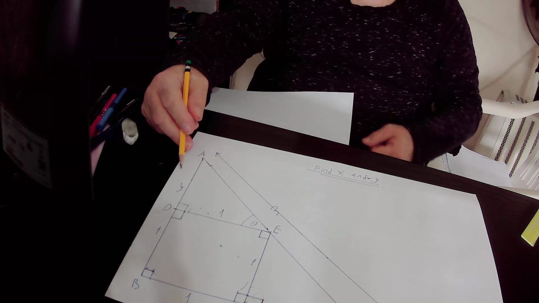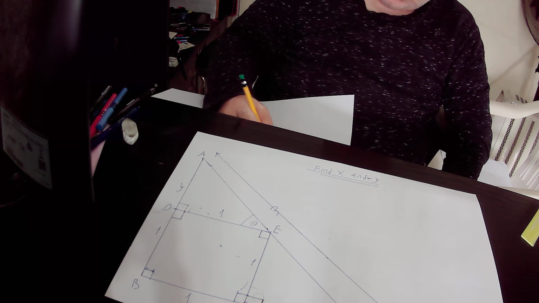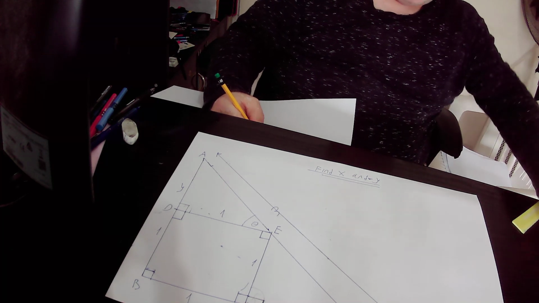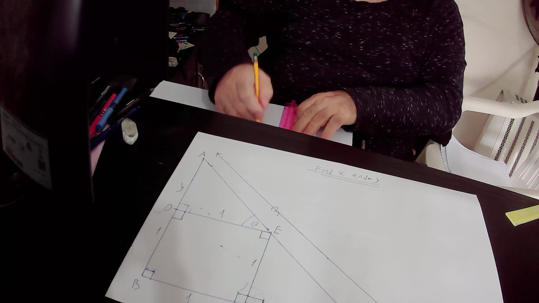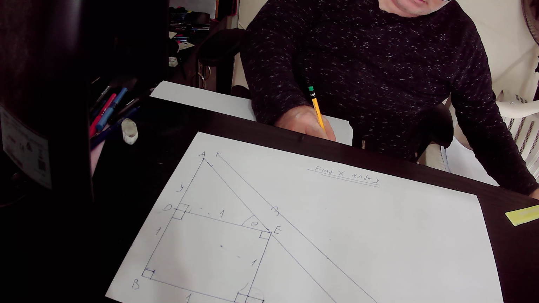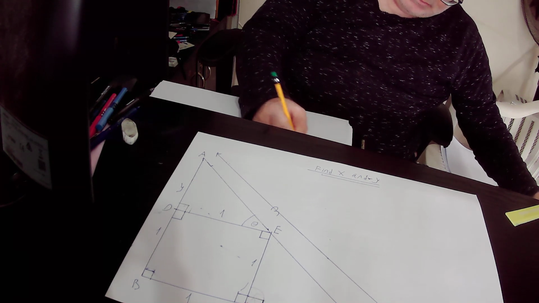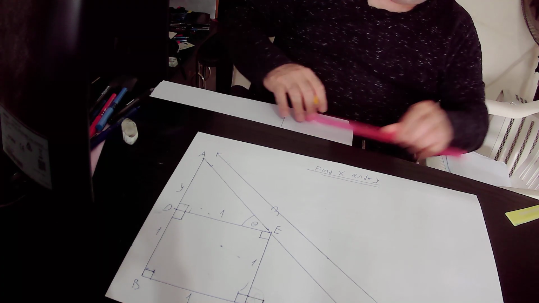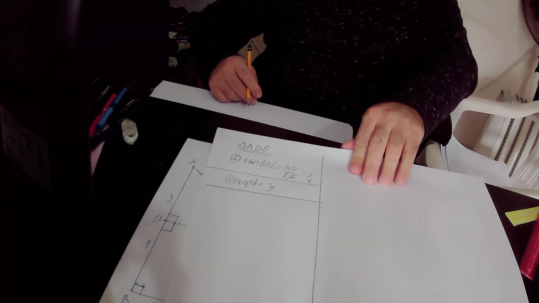AD equals Y according to what is given in the question, and DE equals 1 unit. So in conclusion, we found out that tangent theta according to equation number 1 equals Y.